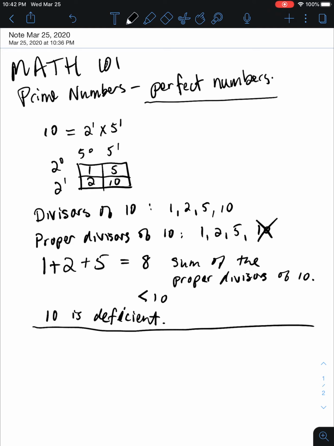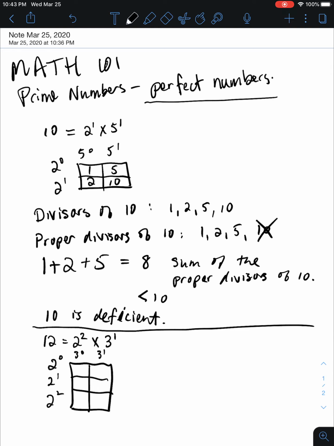Okay, so let's take a look at another number, our friend 12. We have the factorization, which you can do. 12 is 2 to the power 2 times 3 to the power 1. Divisors are given by this table. This is all very familiar to you, I'm sure. 1, 2, 4, 3, 6, and 12. So the divisors of 12 are 1, 2, 3, 4, 6, and 12.